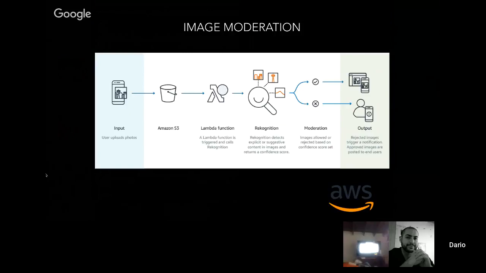Rekognition detects explicit or suggestive content in the images and returns the confidence score. That is what we're going to use in our algorithm to moderate, and the images are allowed or rejected based on the confidence score. And finally, we have the output. The rejected images can trigger a notification, and approved images are going to be shown to the users.